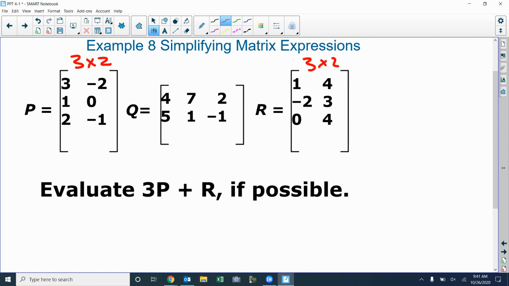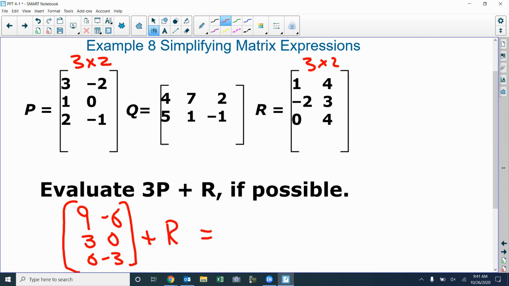So first I'm going to multiply 3 over all those elements. So I'm going to have 9, right? 3 times negative 6, 3, 0, 6, and negative 3. And I'm going to add that to R. And I'm going to get my new one. So I have 9, I'm going up to R, 9 and 1 give me, of course, 10.